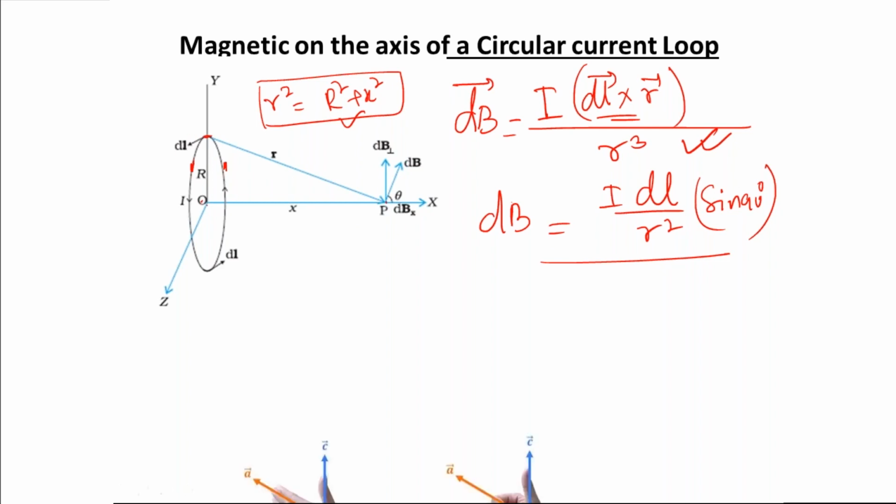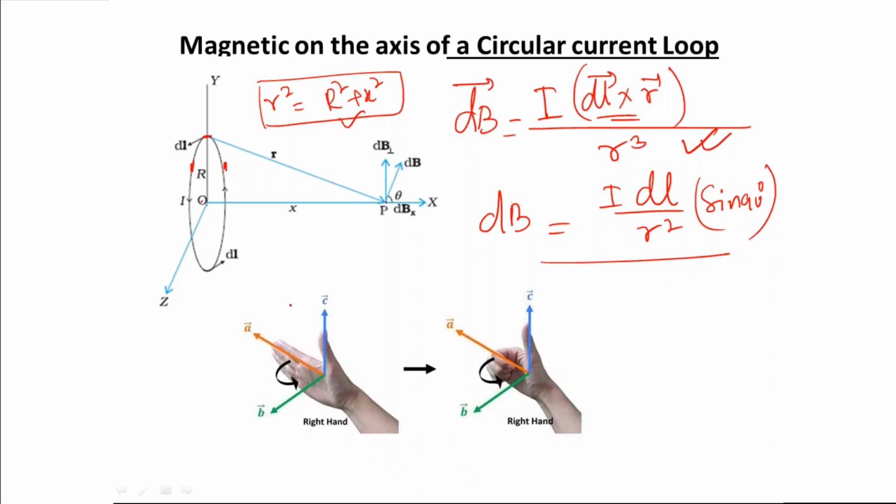If you apply the thumb rule for cross product, suppose this is your a vector, this is your b vector, you stretch your four fingers along this direction, and then curl them towards R. The direction of the magnetic field will be exactly this.